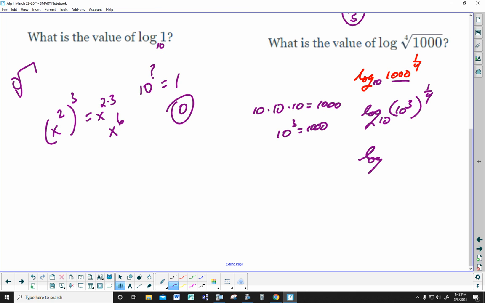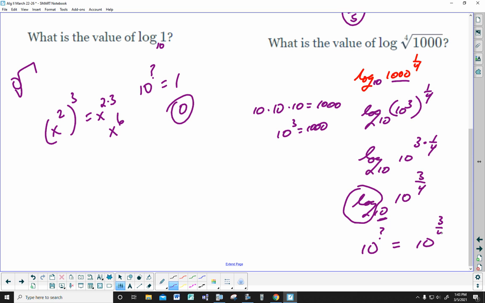So that's log base 10 of 10 to the 3 times 1/4, or log base 10 of 10 to the 3/4. And this is saying 10 to what power is 10 to the 3/4? Well, the answer is 3/4. Okay.